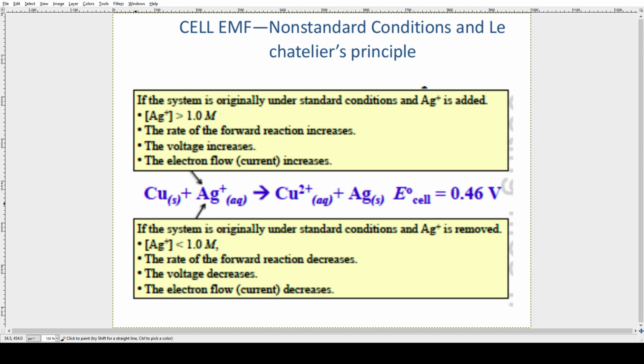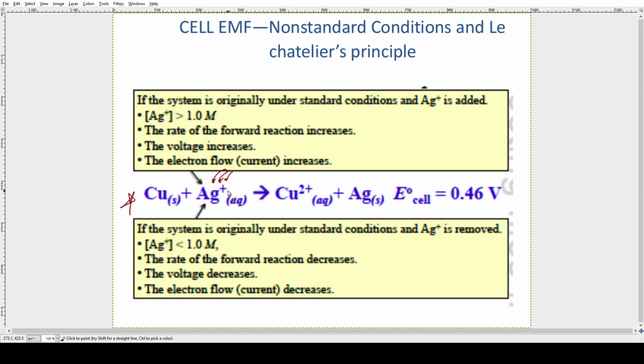So let's say you have this equation where copper reacts with silver to form copper and silver. And we've got the standard cell potential here. If the system is originally under standard conditions, so 1 molarity, 1 atmosphere, 298 Kelvin, then we add in more silver. If we add in more silver, now its concentration is greater than 1.